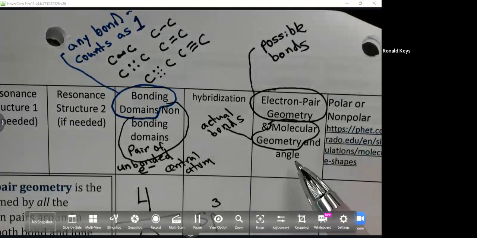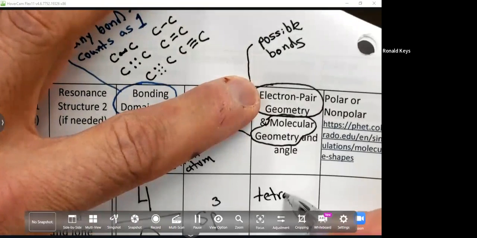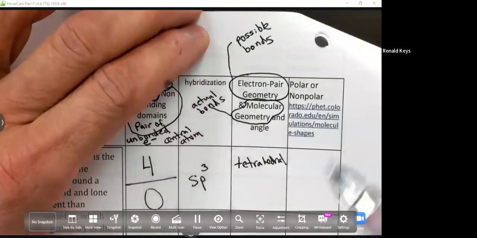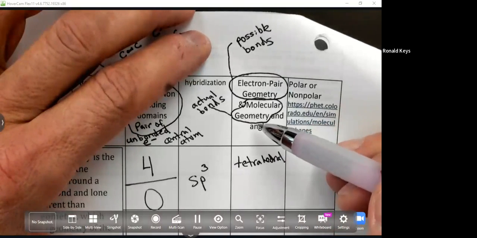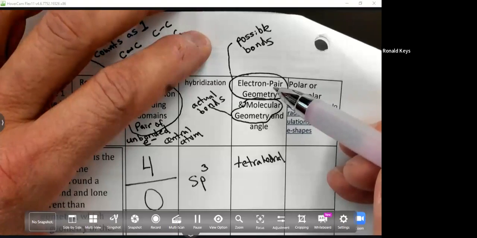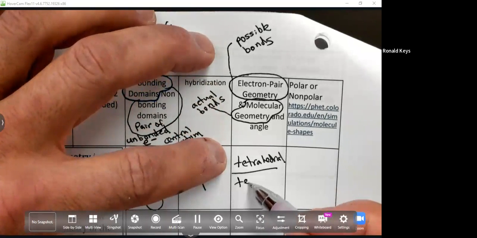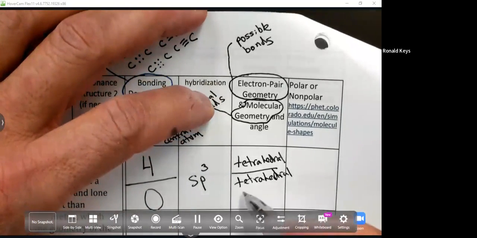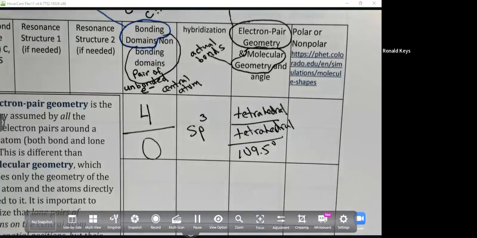So in this case, my electron pair geometry is 4, 0, tetrahedral. All my electrons are bonded, so my electron pair geometry and molecular geometry match. Both of these are tetrahedral, and my angle is 109.5 degrees.